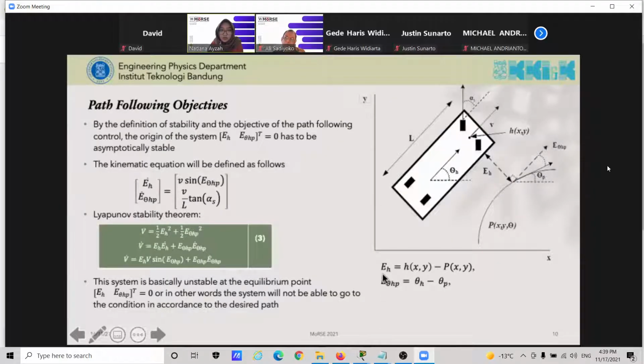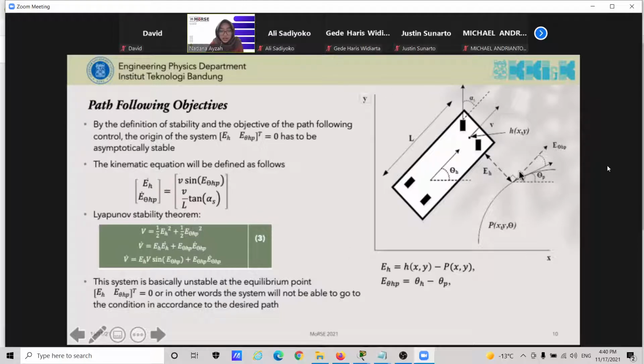After deriving the kinematic model of the bus, here we derive the path following objective. In deriving the controller function, we use Lyapunov stability testing to observe whether the system is stable or not after implementing the controller function.